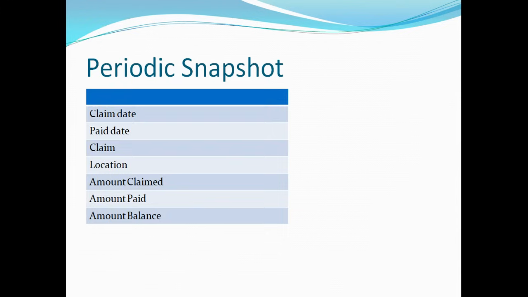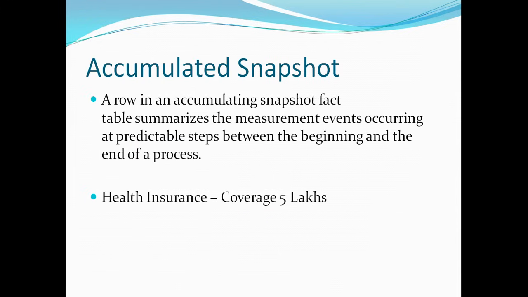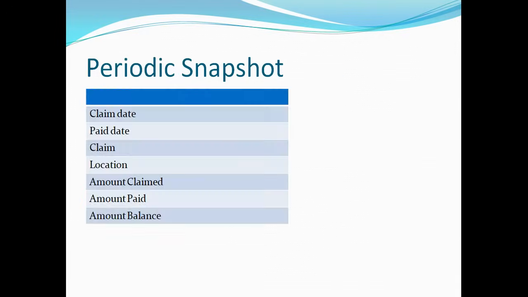So a row in an accumulated snapshot, the first row that I just showed, summarizes the events that have predictable steps and a clear beginning and ending. I had a clear beginning when the claim was submitted. I had a clear ending for the process when the claim was approved and paid, and I knew the steps that it will go through. So that's an accumulated snapshot.